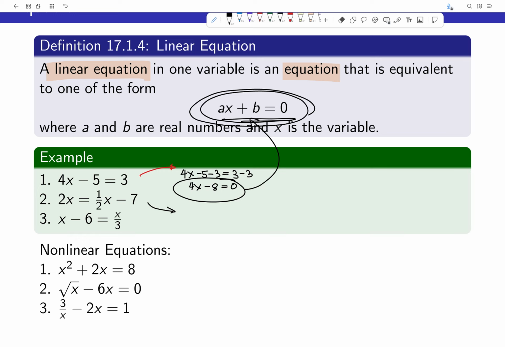Okay, so we have this one. What we're going to do here is subtract 1/2 x from both sides so that we can cancel this out.